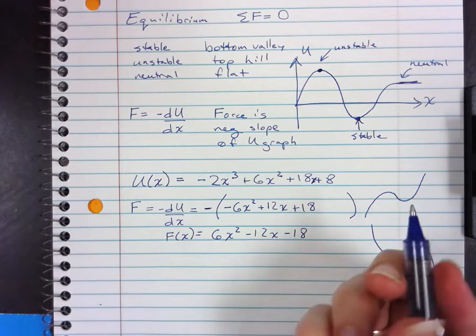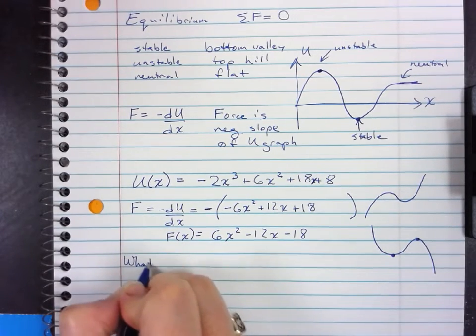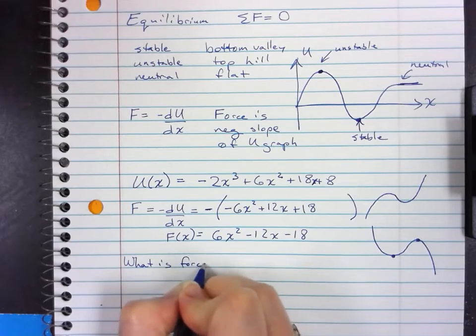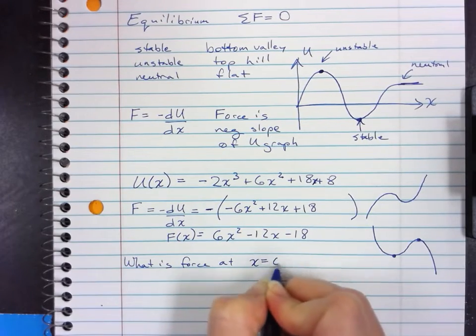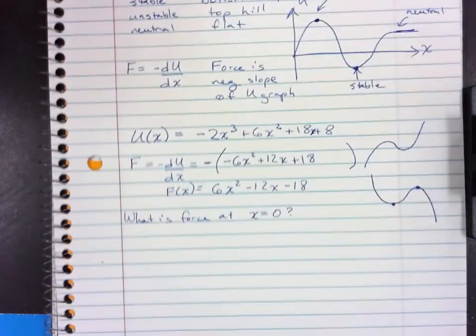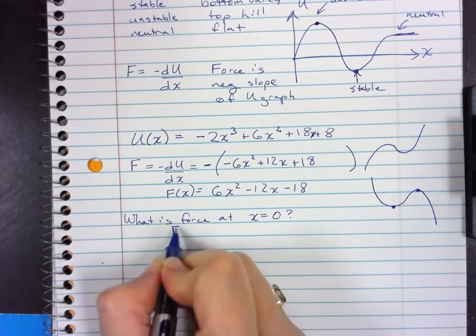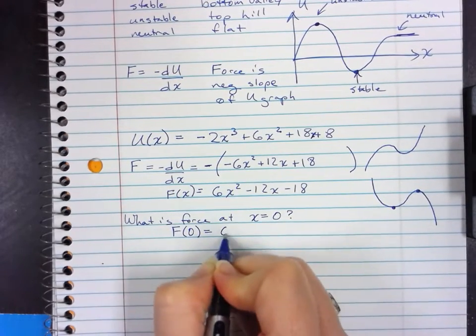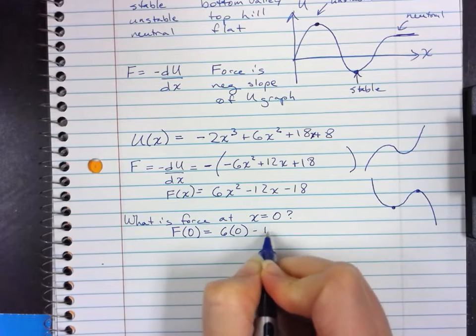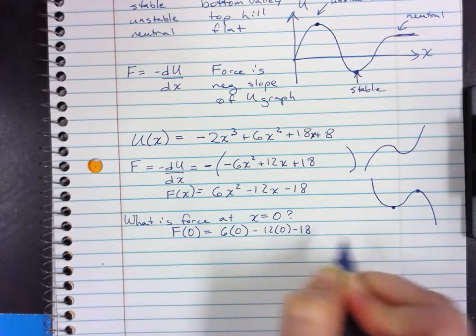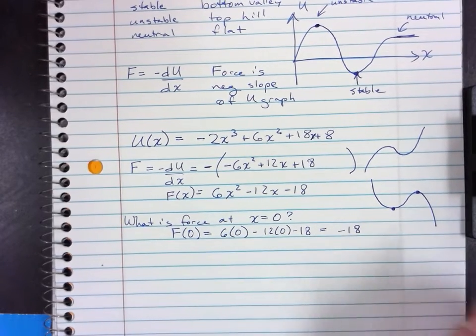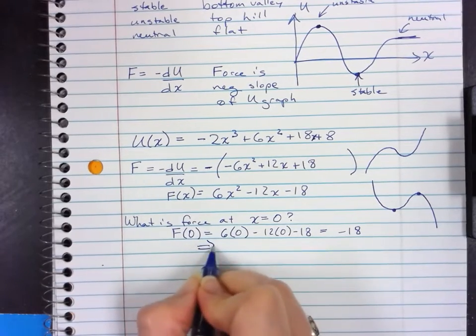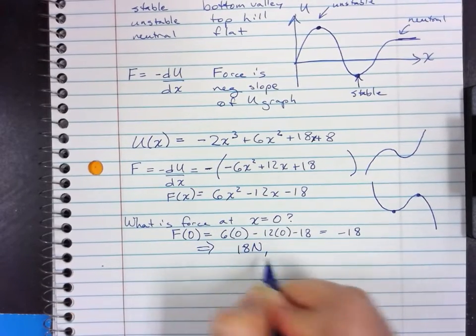So first question, what is the force at the origin? I just want to evaluate this. F of 0 equals 6 times 0 squared minus 12 times 0 minus 18. So I get an answer of negative 18. That means the force is 18 newtons in magnitude.